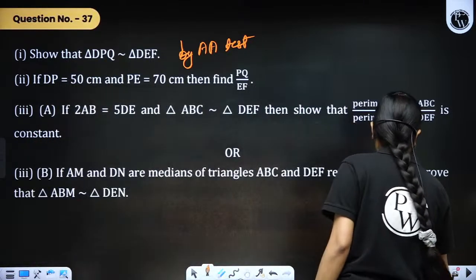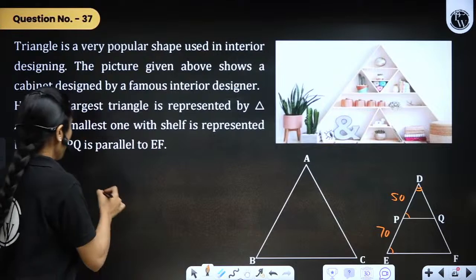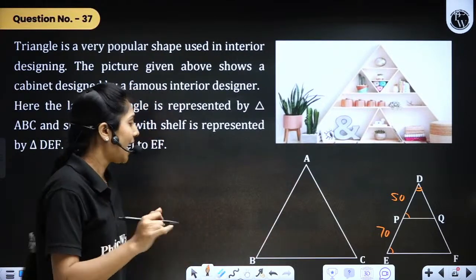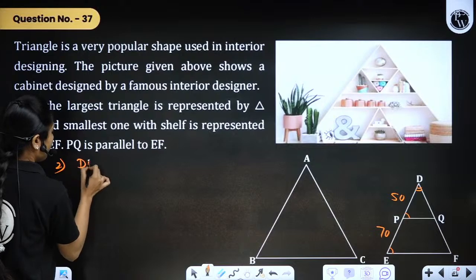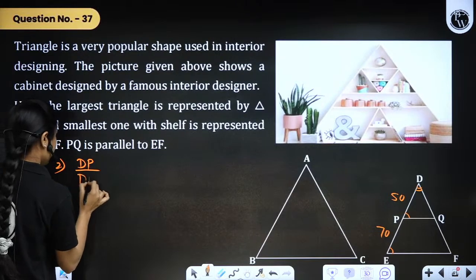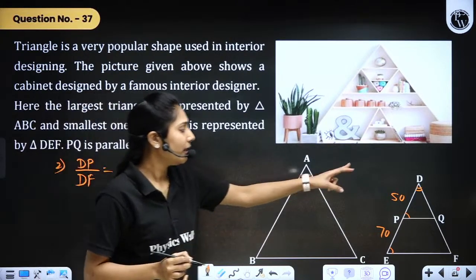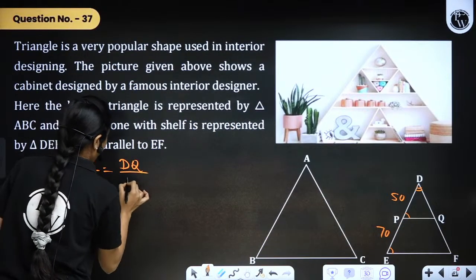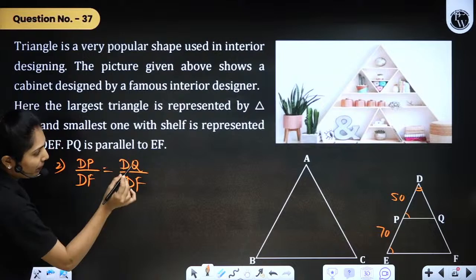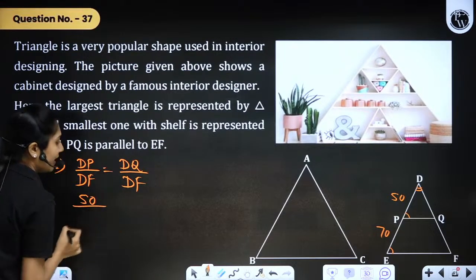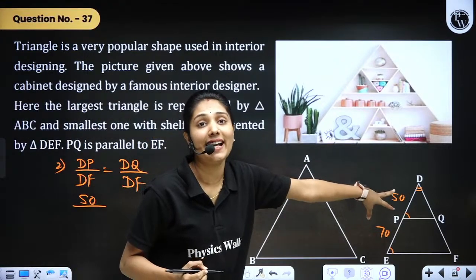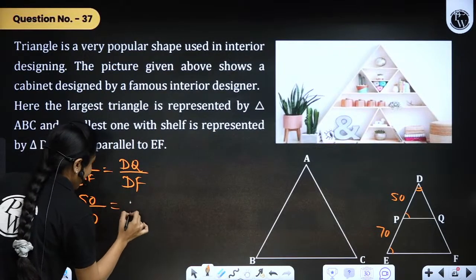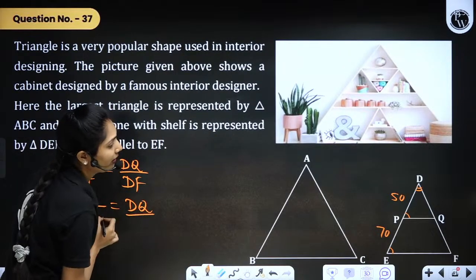Since these two triangles are similar, I can write that DP upon DE is equal to DQ upon DF. Now DP is 50 and DE is 50 plus 70, that is 120.